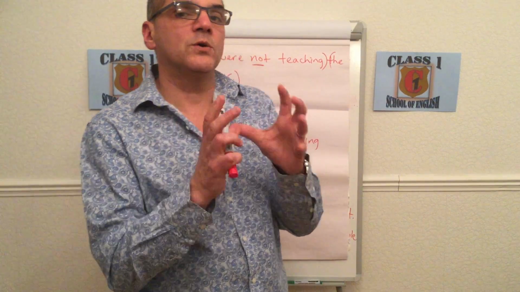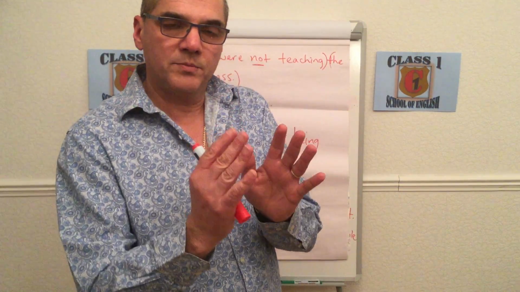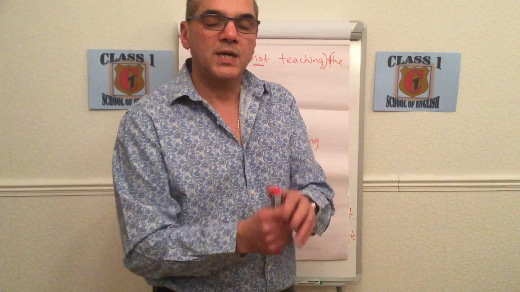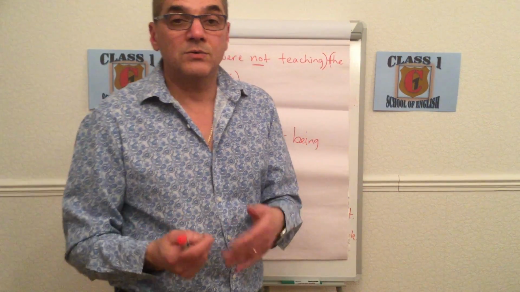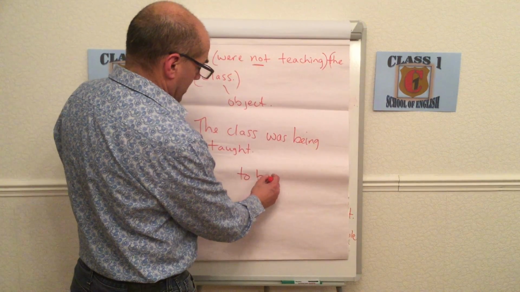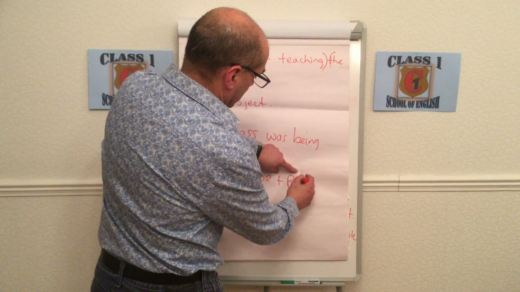It is when you want to focus your emphasis on the action of a sentence and the object, the person or the thing that the action is happening to. Okay, so to break it down very simply, you need to be, the verb to be, and you need the past participle.